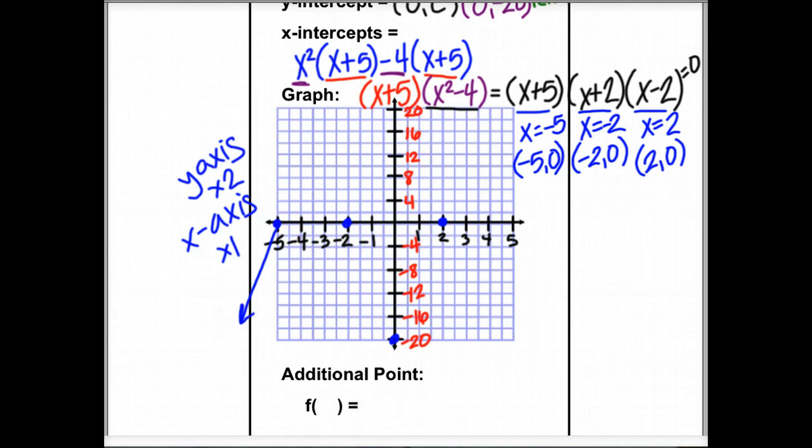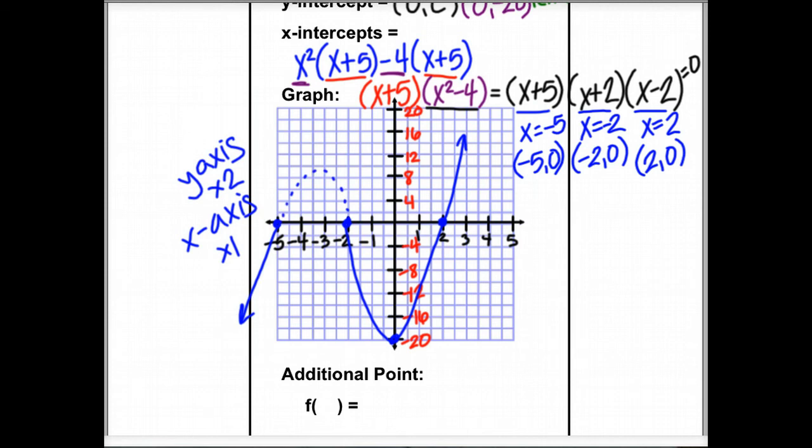It rises to the right, so I go this way. And so I know that it goes like this. And I have it goes somewhere up here. Now it is just a sketch, but we want to be a little more accurate than that.